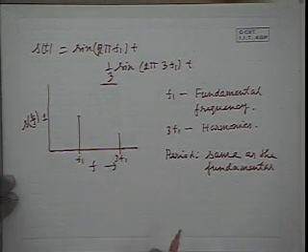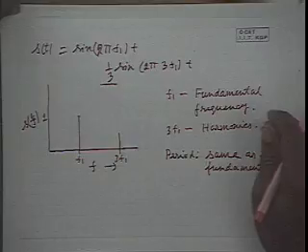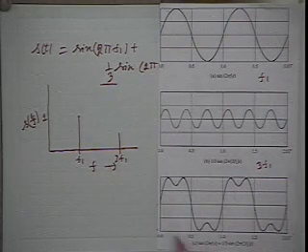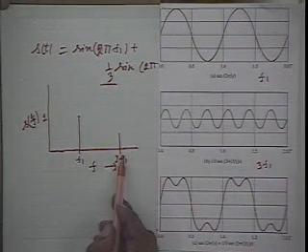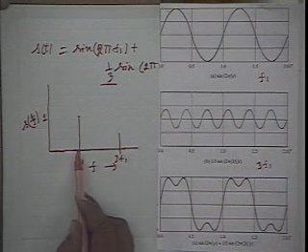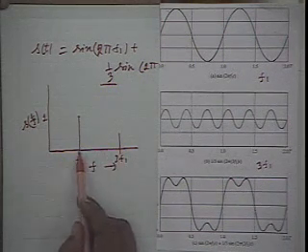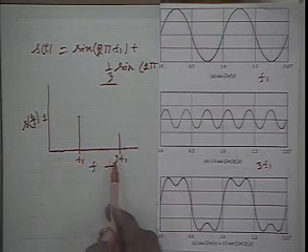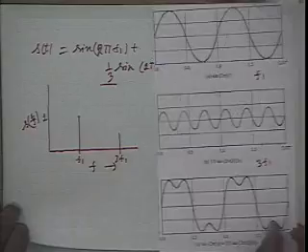This is the frequency domain representation of the signal that we have seen. That means this particular signal has the frequency domain representation with two different sinusoidal signals of frequency f1 and 3f1.